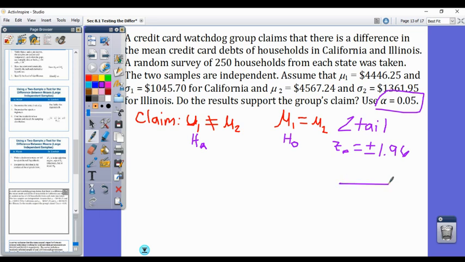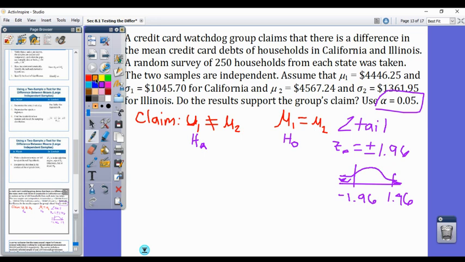So what this means is if I have my curve, my rejection region is going to be anything less than negative 1.96 and anything greater than 1.96.